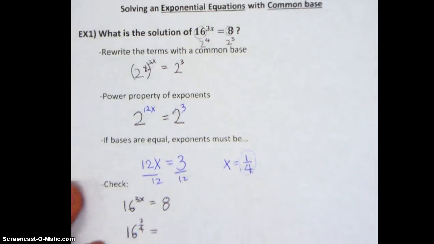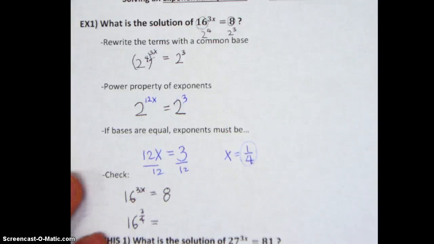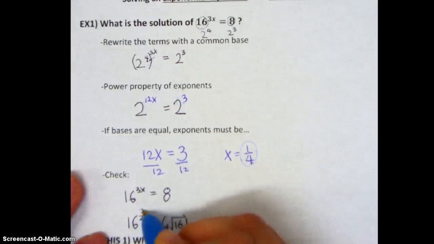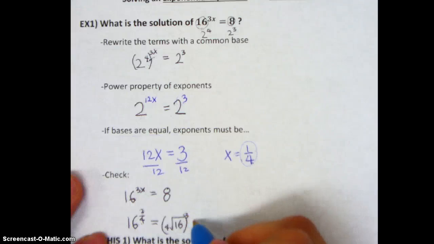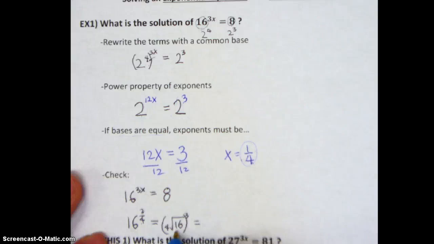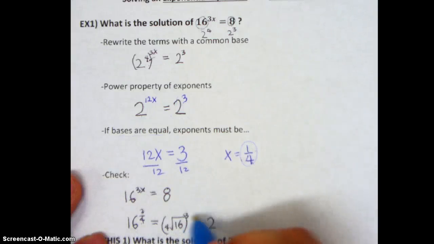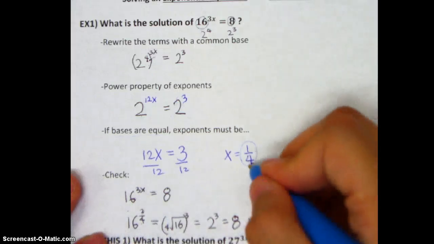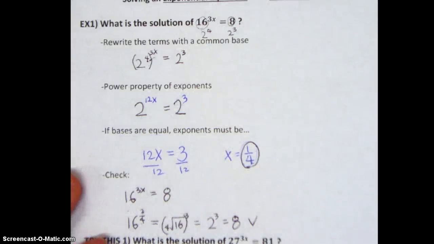If I apply the exponent rules, the denominator becomes the index, so the 4th root of 16, to the power of 3, the numerator becomes the power. If I simplify inside the parentheses, the 4th root of 16 is 2, because 2 to the 4th power is 16. So 2, and then I still have the power of 3, and 2 to the 3rd power is 8. So the left side indeed equals the right side. So we know this answer is correct.